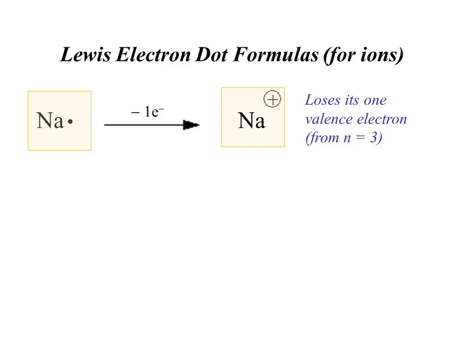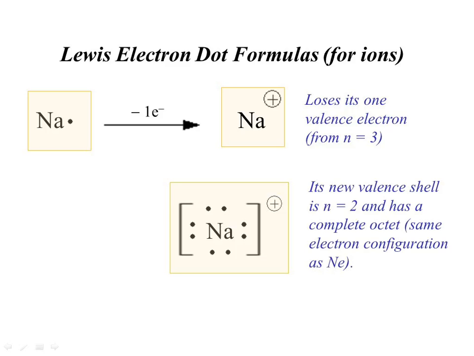So let's look at this process of atoms becoming ions. We said that metals like sodium will lose all of their valence electrons and become positively charged. Sodium is atomic number 11, so a sodium atom has 11 protons.